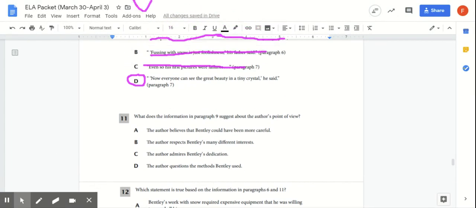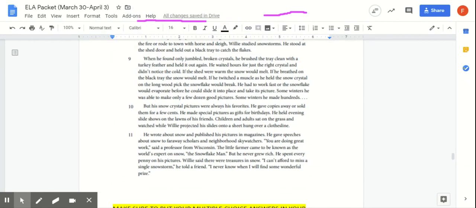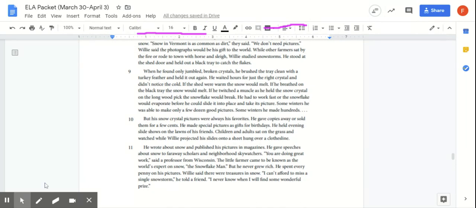Let's scroll up to paragraph 9. So at this point, I would reread paragraph 9. Also take a look at any notes you annotated for this paragraph.